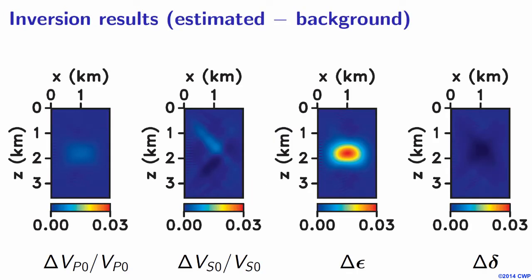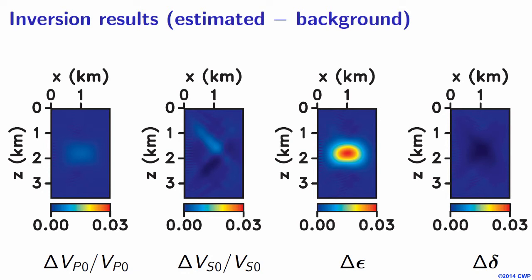So these results here in this slide and in the following slides are shown in such a manner that we're looking at the fractional change in velocities and the changes in epsilon and delta. So we see that the fractional change in velocity is very close to 0. The fractional change in VP0 is close to 0. The fractional change in VS0 is very close to 0.